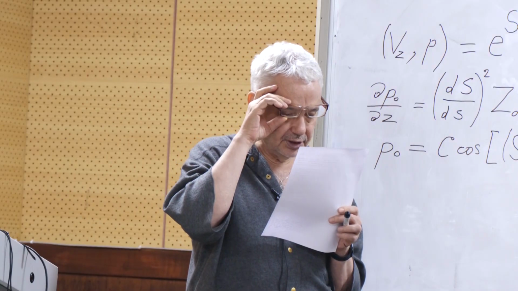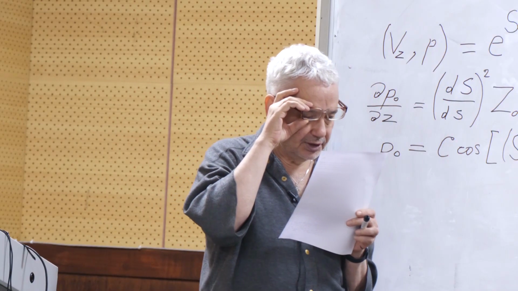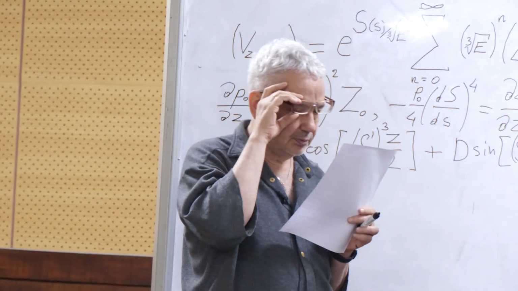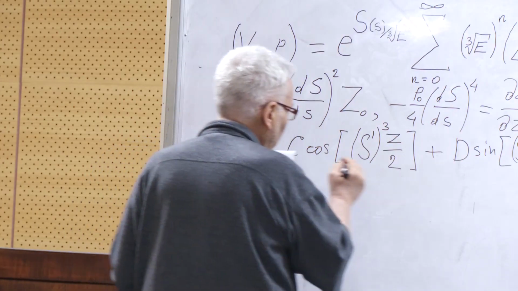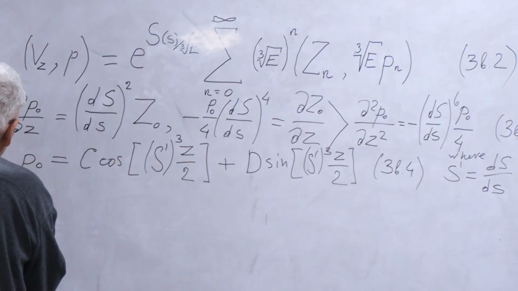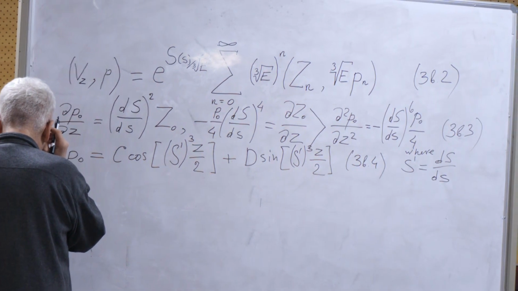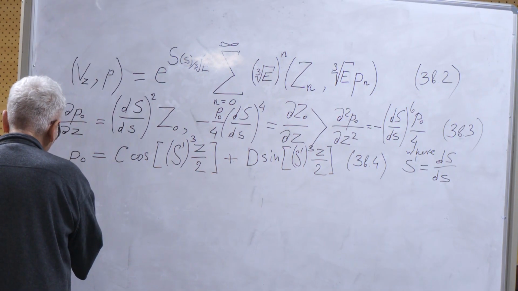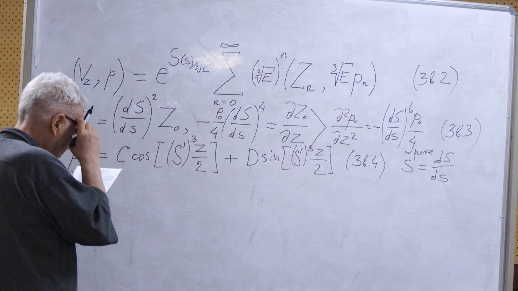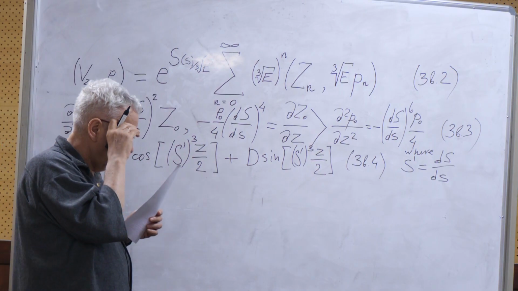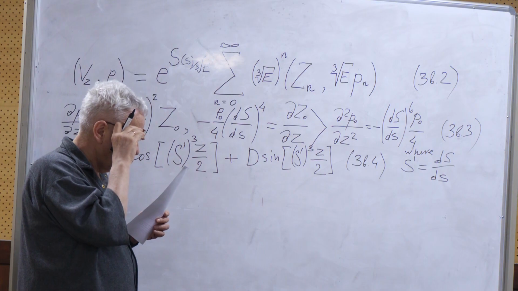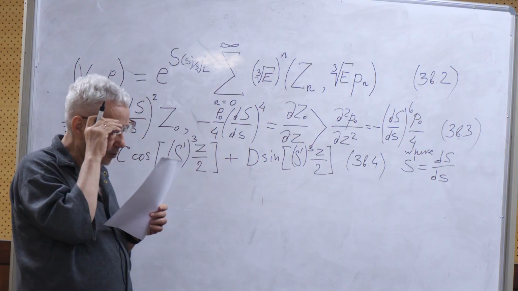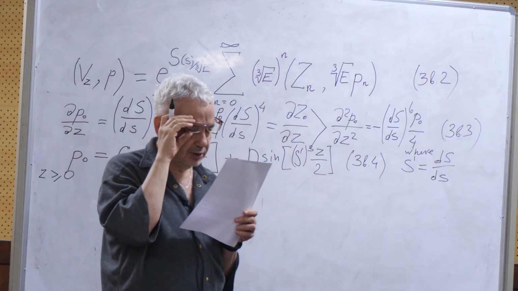And boundary condition. In this case, we can limit ourselves to considering only the upper hemisphere, z greater than 0. So let's write it down. Z zero, and discard the second term in 4 because of this symmetry.